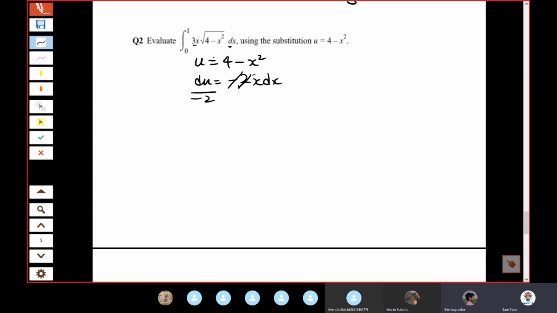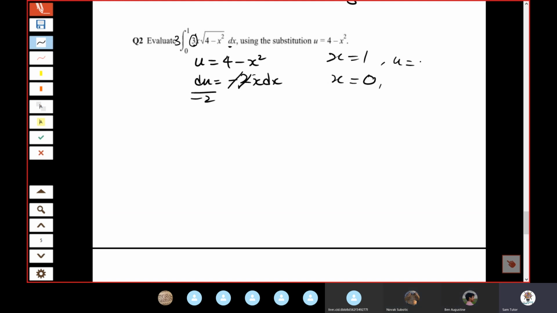You're only going to substitute for x dx, because remember this 3, I can just write it on the outside. So it won't affect us much anyway. And then x dx, and then square root of 4 minus x squared. I think everything's ready. All we need to do is just get rid of our limits.